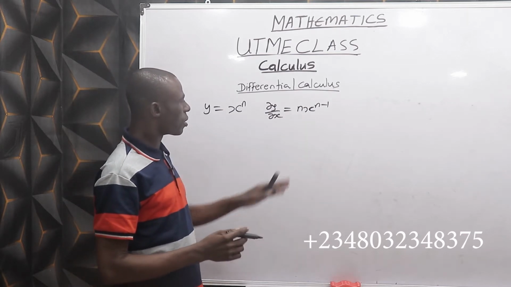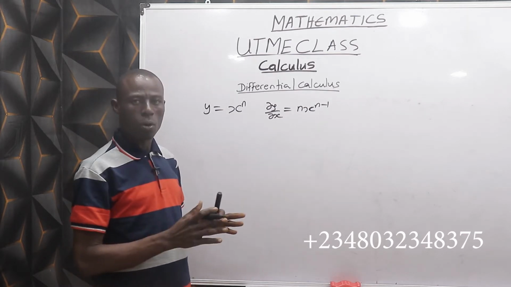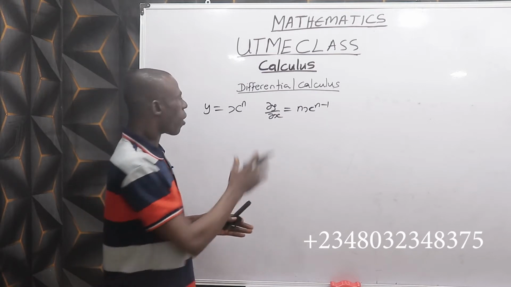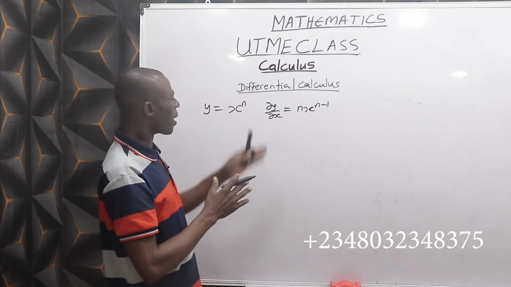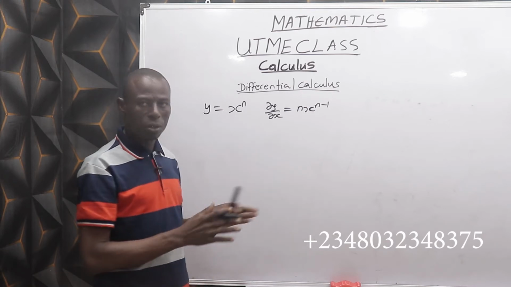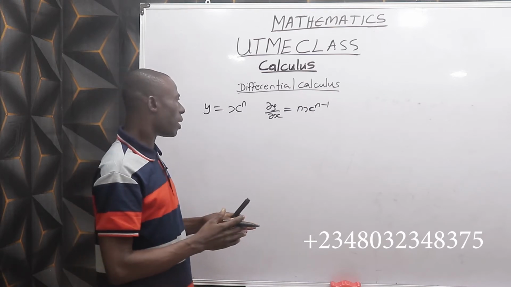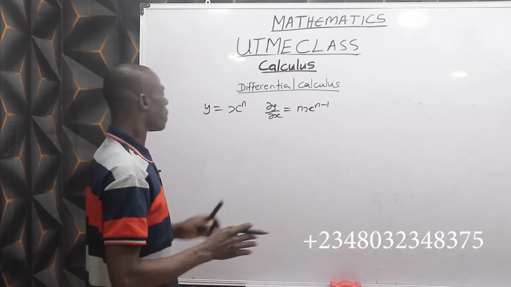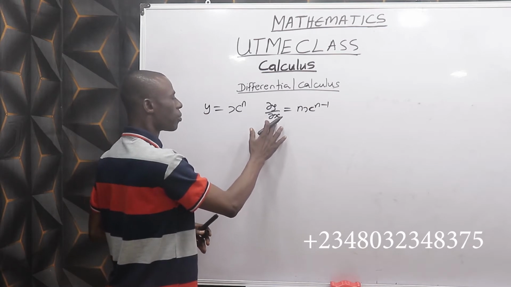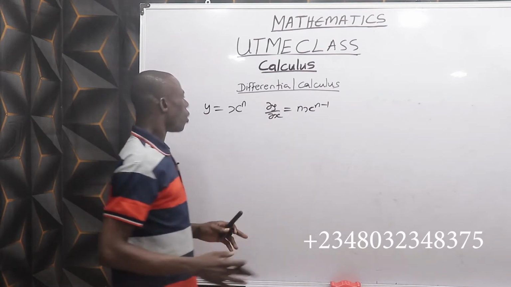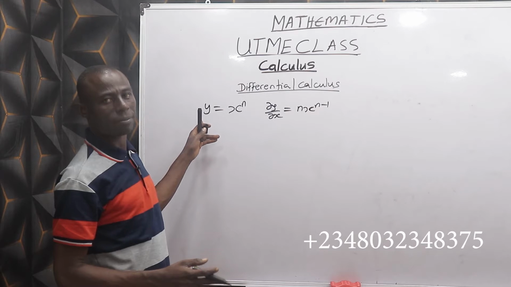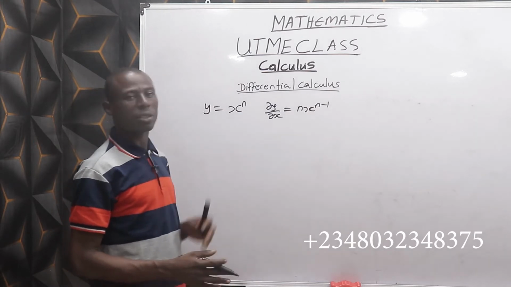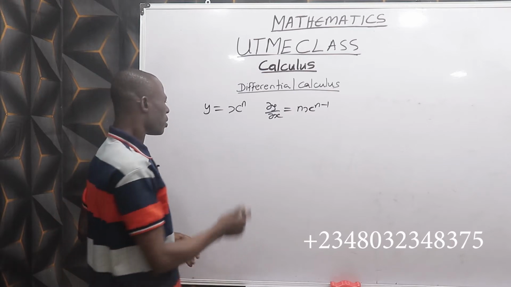This is just a demo that will show you what we do in all cases when you are given a function, especially when the function contains sum and difference only. So dy/dx, which is the derivative of the function y with respect to x, is given as this. What do we mean?